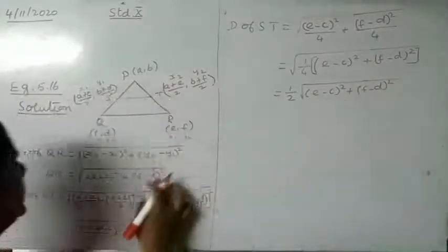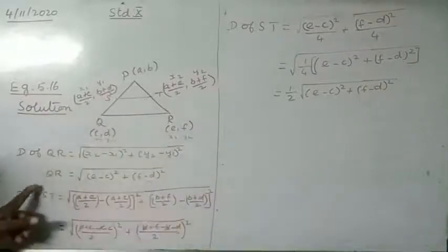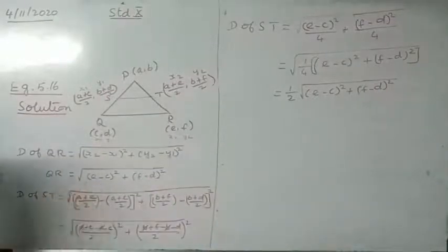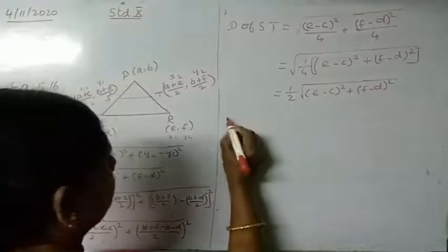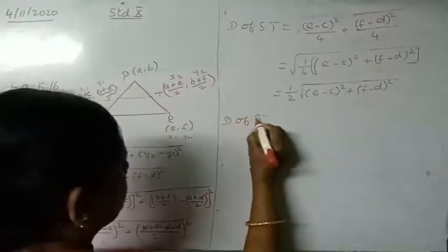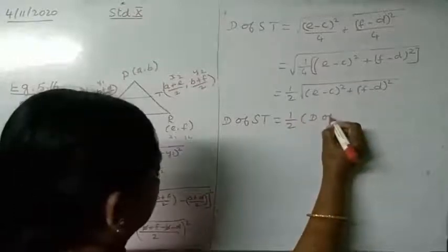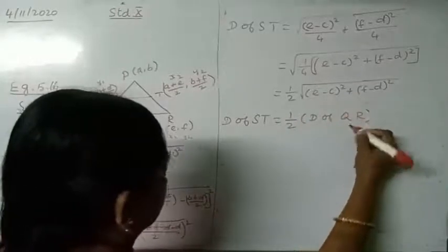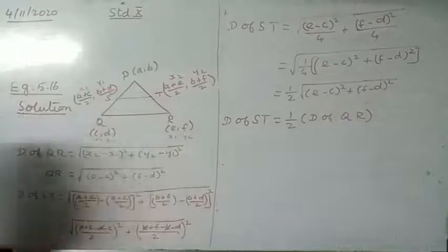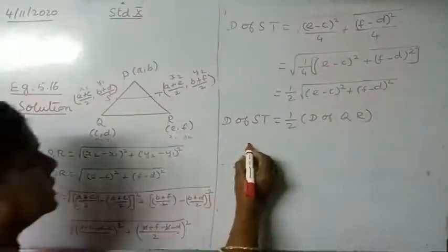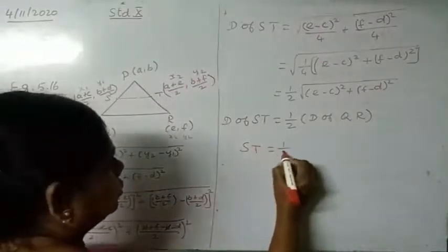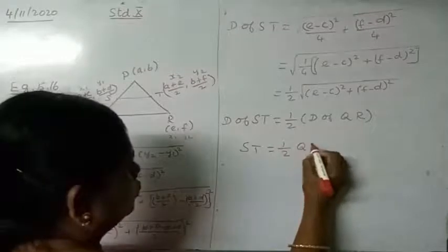Now look at this and this. Now QR is equal to this one. So instead of this I can write distance of ST is equal to 1 by 2 into distance of QR. So this is equal to QR. Therefore ST is equal to 1 by 2 into QR.